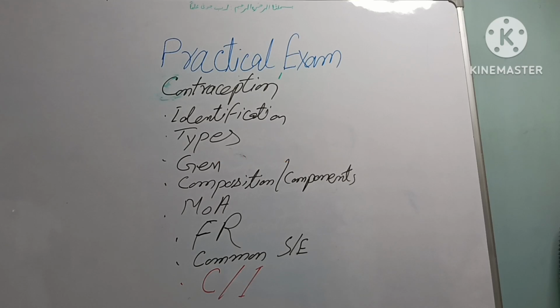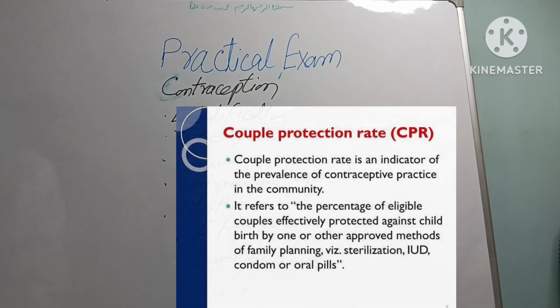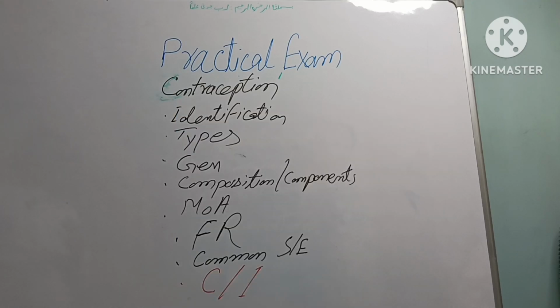It may be relative or absolute. Then again, related to spot viva, a few questions may be asked in your spotting viva. Just like what is an eligible couple, couple protection rate, or about the Pearl index. Okay, so these are the basic terms that may be asked.